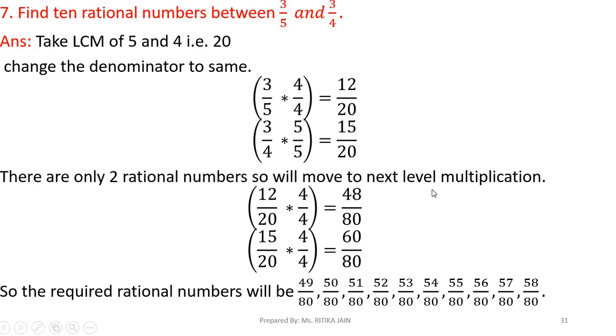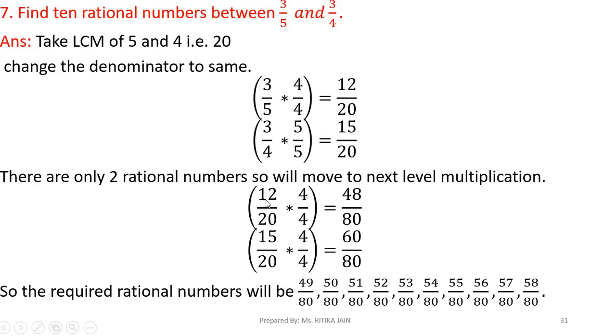We will move to the next level of multiplication. So a new rational number will be taken, that is 12 by 20. It will be multiplied by 4 by 4. Now there will be a question in your mind: why do we directly jump to 4? We can start with 2, 3. Yes, you have to start with 2 and 3.